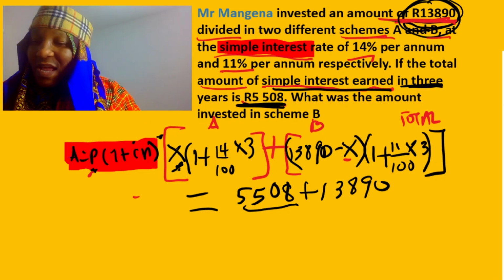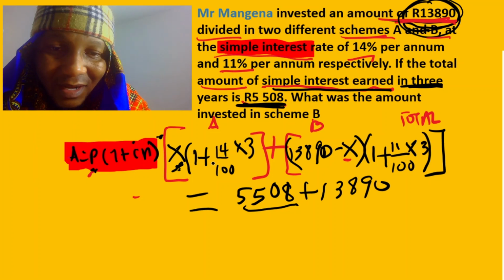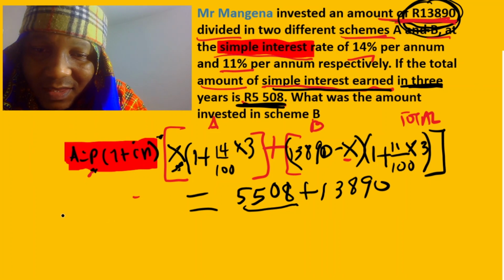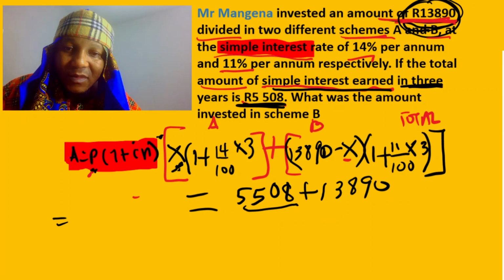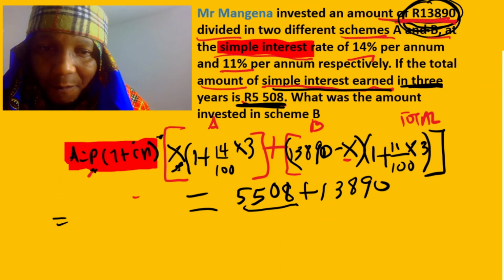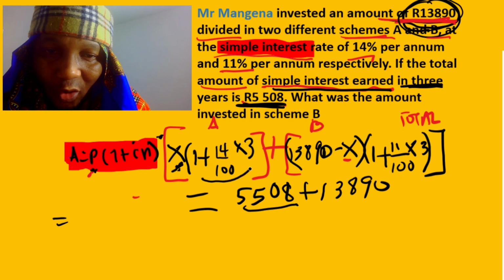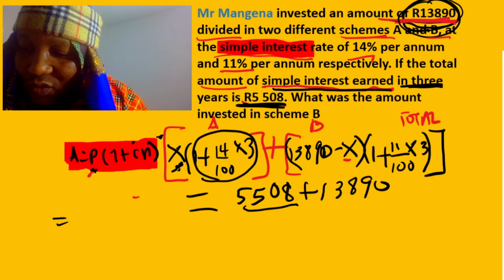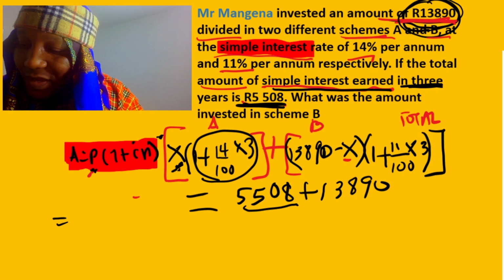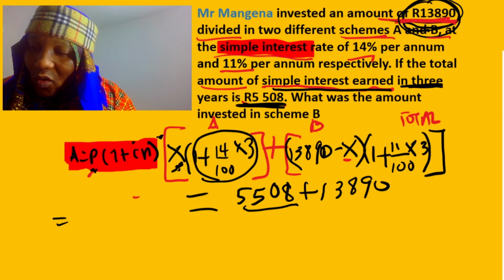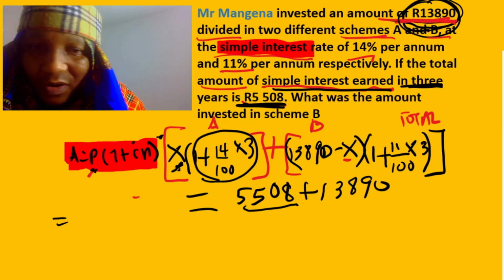So now you can take this and plug it into a calculator. Plugging all of this in the calculator is going to give you 1.42.